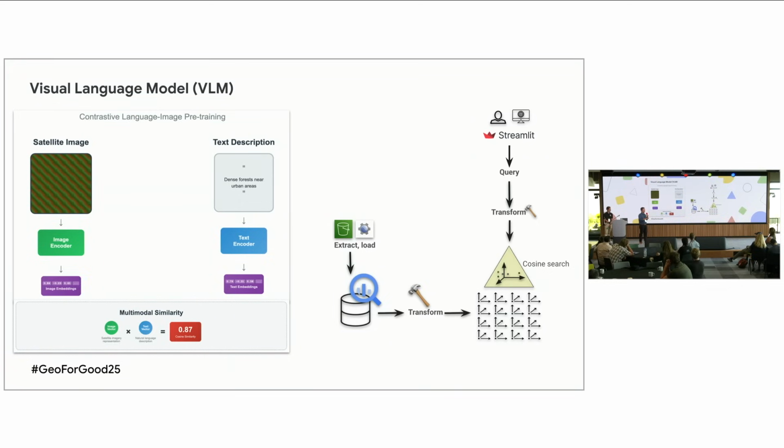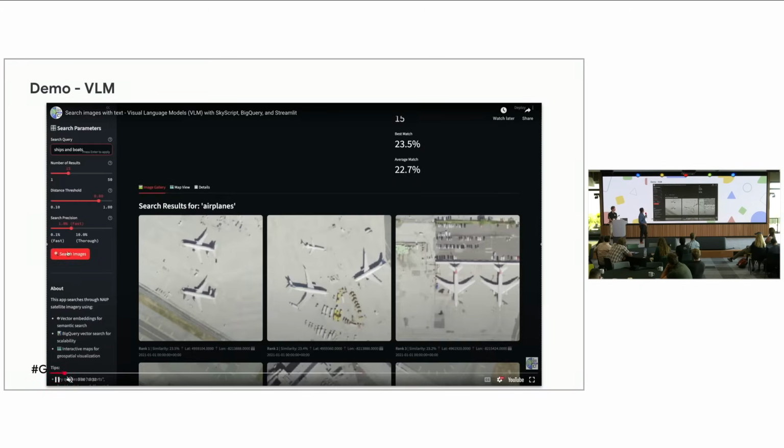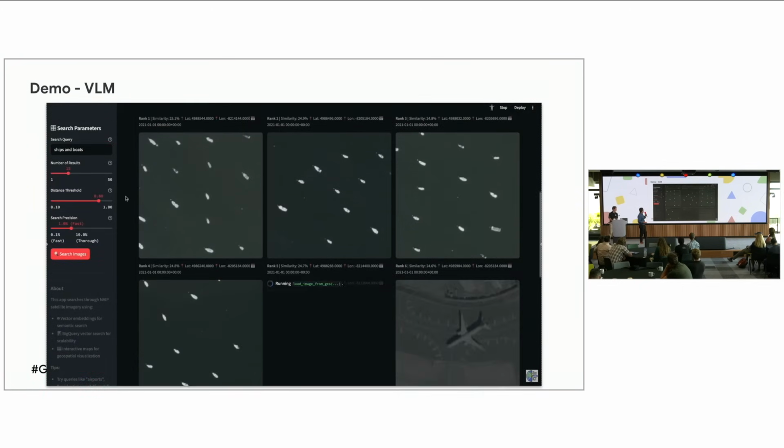So basically extract any kind of data you have, put that in BigQuery, just like before, do the transformation. You have a UI, in this case a UI that's developed in Streamlit. It basically takes the user's query, does the transformation using the text encoder, and does the cosine similarity search. This one is for NYC for 2021.